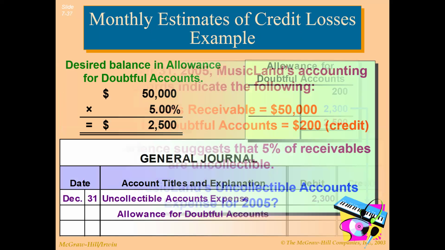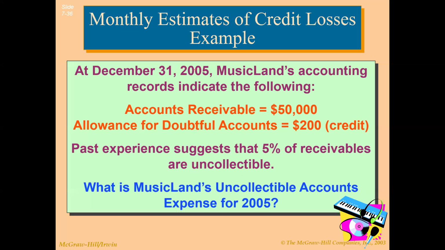Now, here we have some other examples as well. For example, at December 31st, 2005, this is about monthly estimates of credit losses.